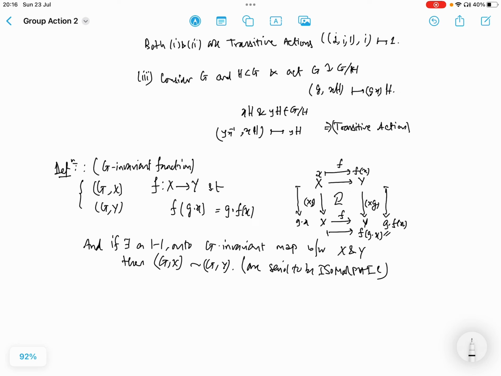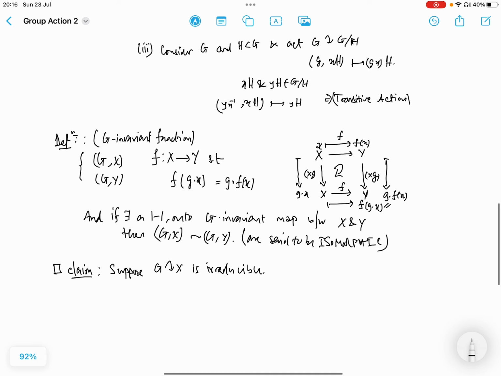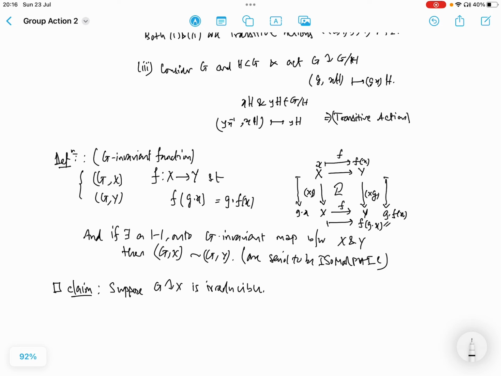Now I'm stating a claim. Suppose you have an irreducible action, that is, this action of G on X is irreducible. Remember this example 3.